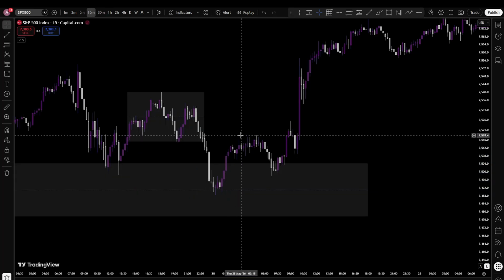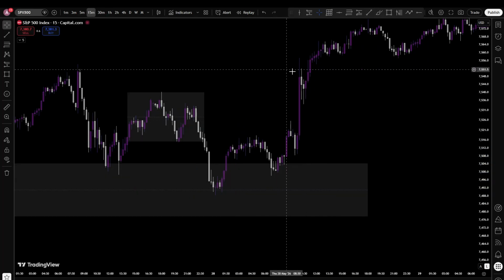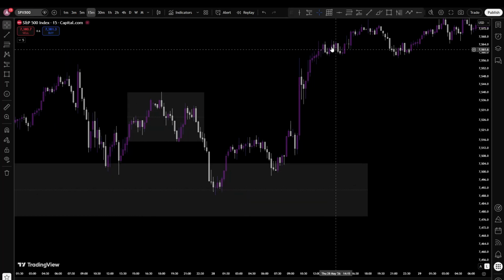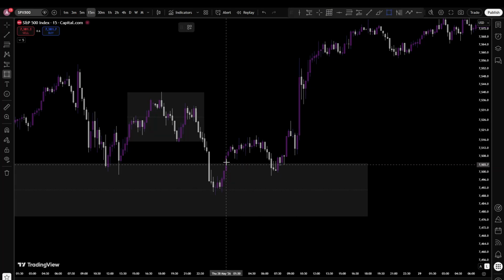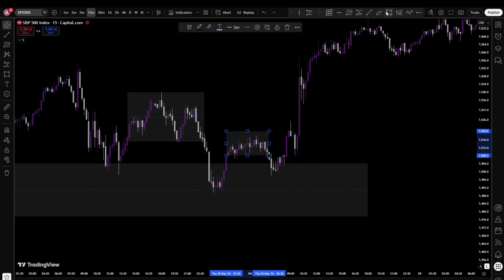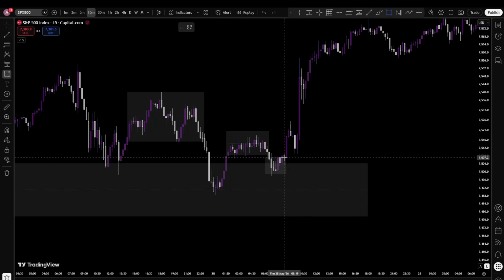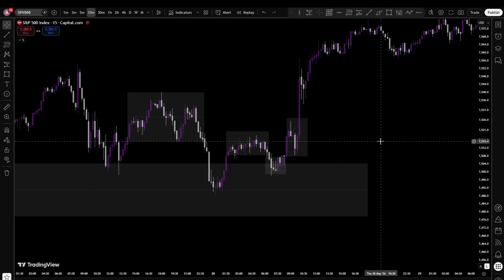We are here on the 15 minute time frame, so this here is the bigger AMD model on a higher time frame. Also here we can see again accumulation, manipulation, and after that the distribution phase, or D phase.